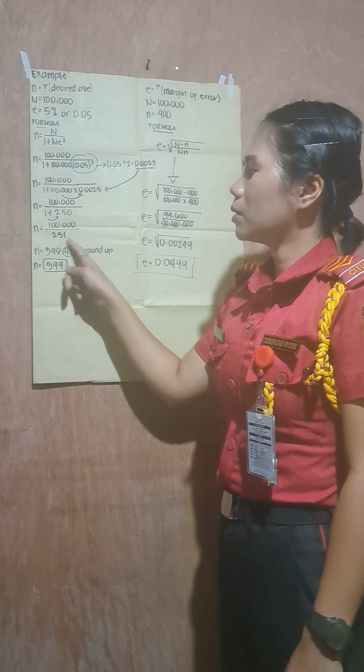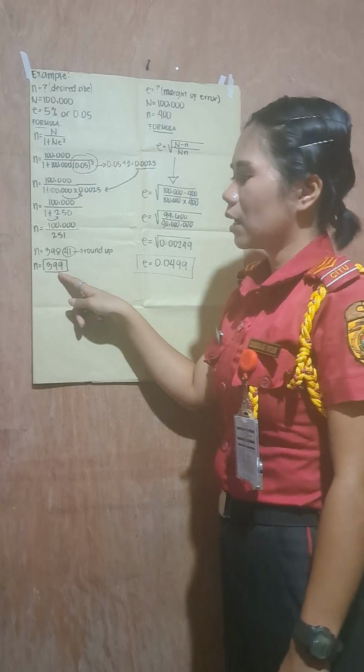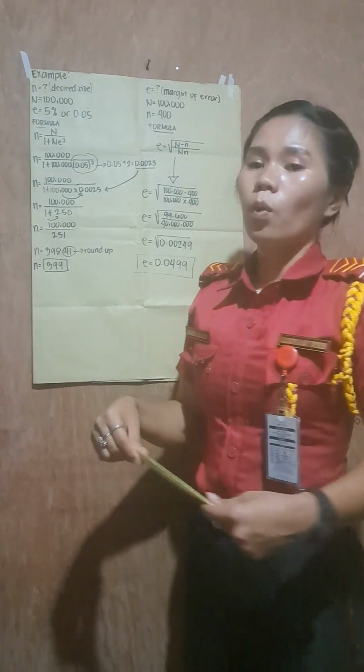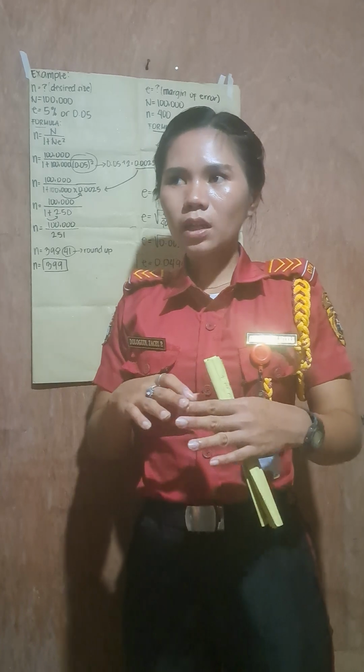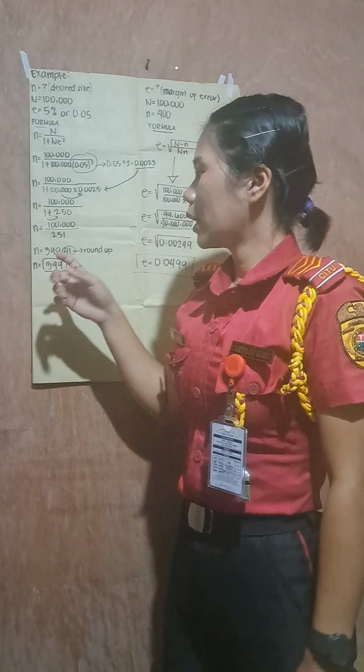So, pwede naman siya ma-round off. So, nagkailangan ka og 399 ka person lang nga imuhang surveyhan. So, instead of 100,000 nga people nga imong surveyhan sa population, 399 na lang. So sa 399 makuha sad nimo ang accurate nga result nga imong gusto.